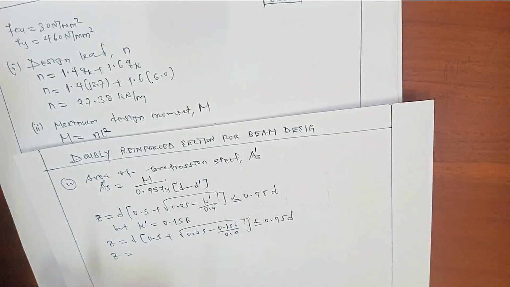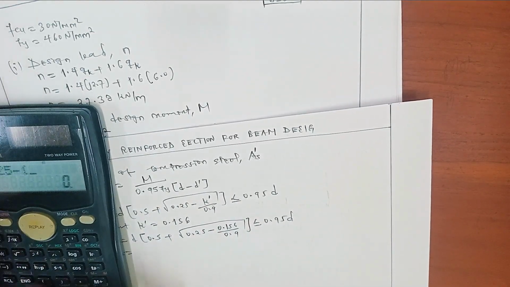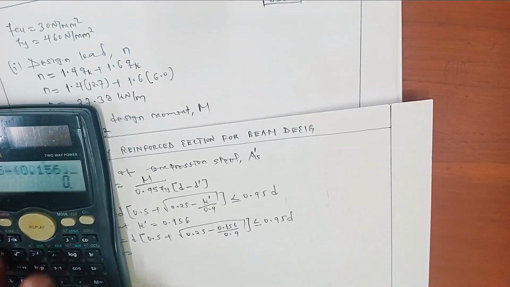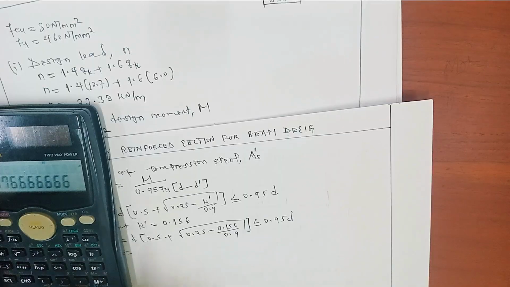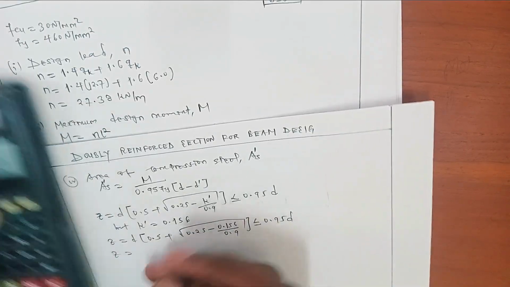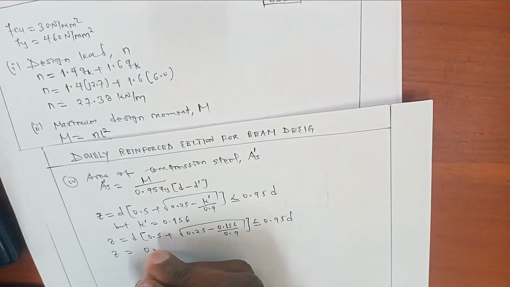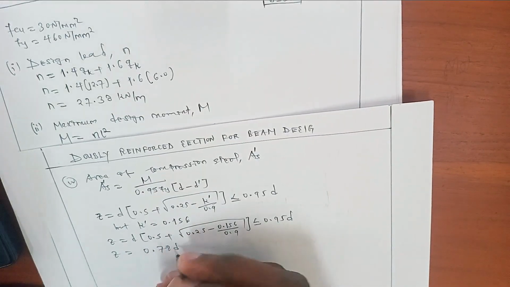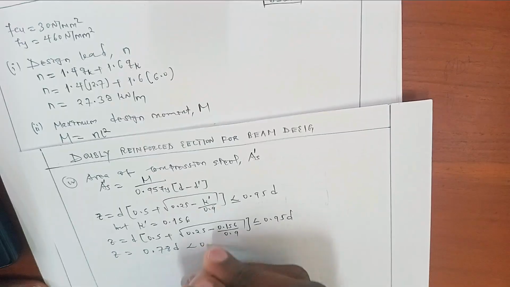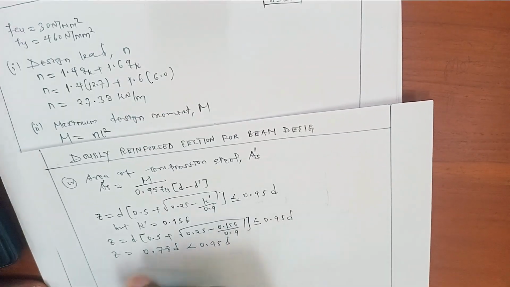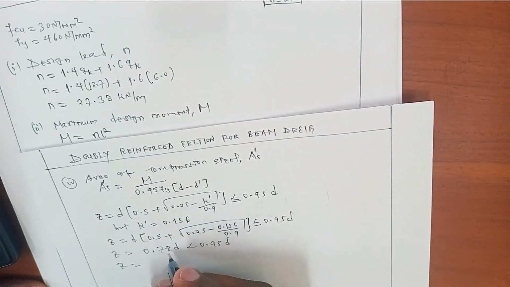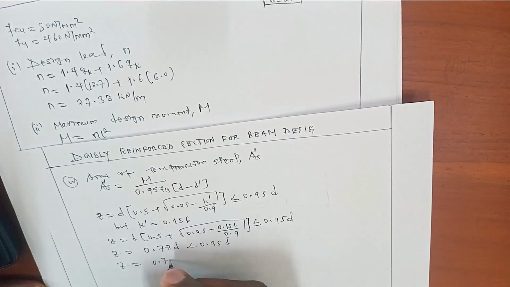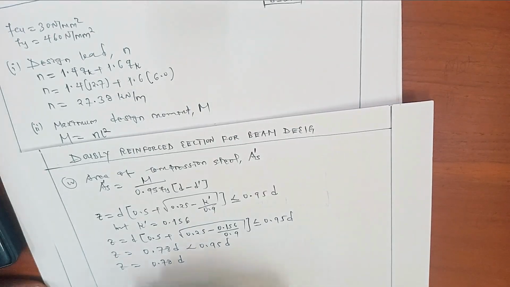Now, let's compute this one. 0.25 minus 0.156 over 0.9, and root of answer plus 0.5. Okay, it will be equal to 0.78 times effective depth. This is less than 0.95D. So since it is less than, we take 0.78 times effective depth.